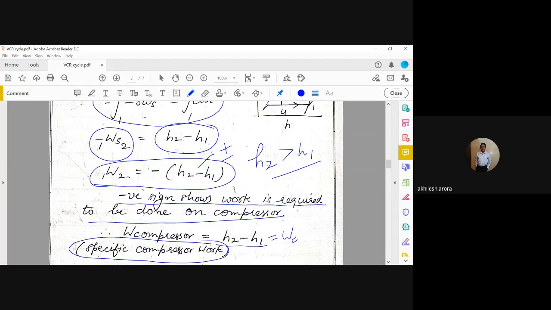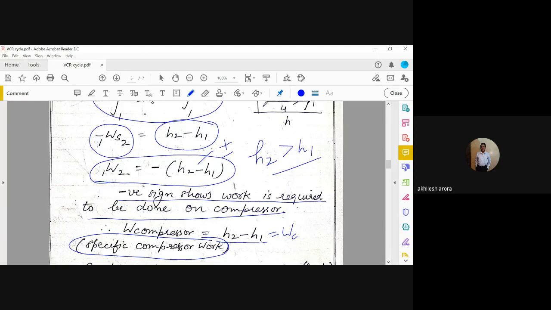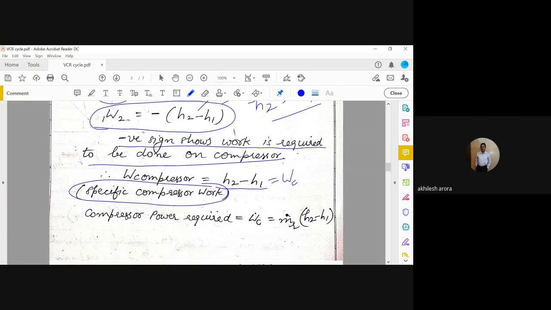Having calculated WC, the specific compressor work, we can calculate the compressor power required. The compressor power required is given by WC dot, which is equal to the mass flow rate of the refrigerant times (H2 minus H1). So this is the product of specific compressor work and the mass flow rate of the refrigerant.